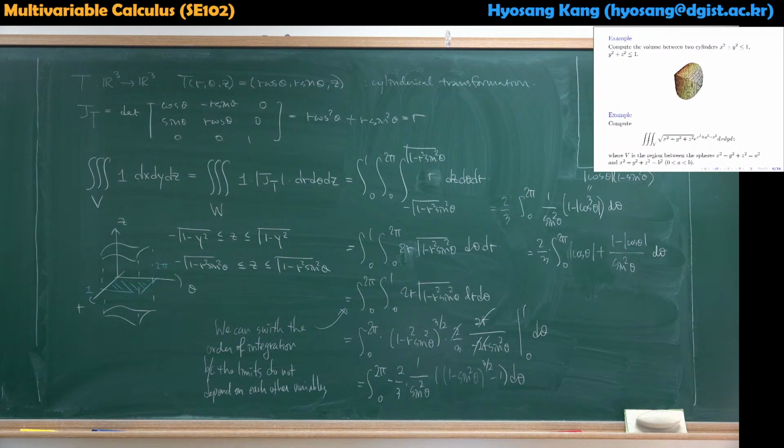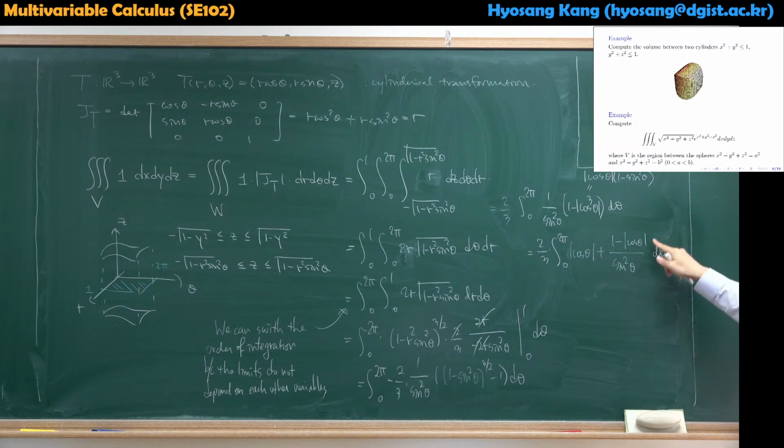So here's the thing. If you think about this fraction here, sine theta becomes 0 at 0, pi, and 2 pi, right? So it seems like this fraction doesn't make sense, or seems like it diverges at 3 points on the interval, but it doesn't, because the numerator also goes to 0.